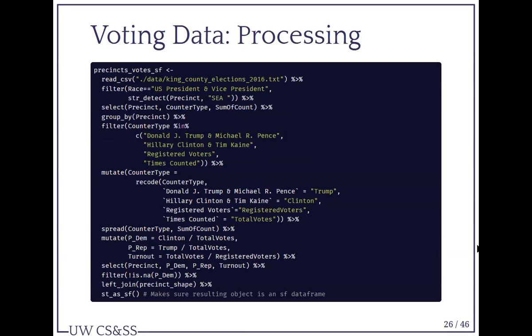So I'm going to do a little bit of pre-processing so that we can make these maps. This is more or less just homework 5, but in one chunk of code.